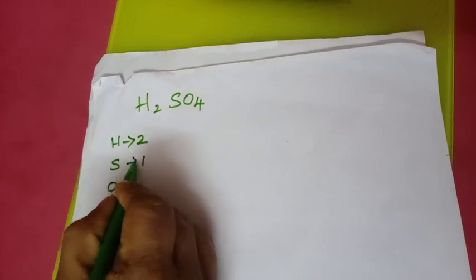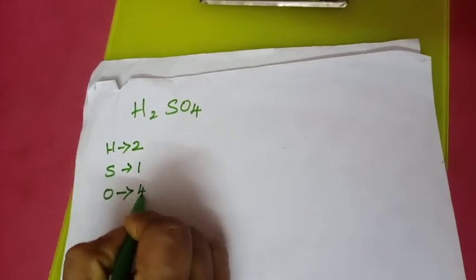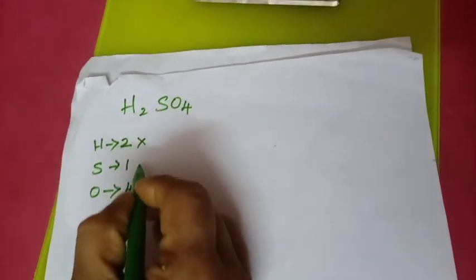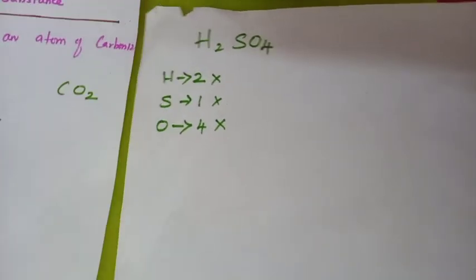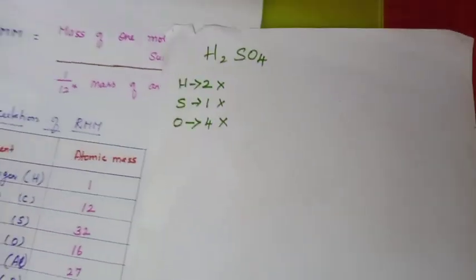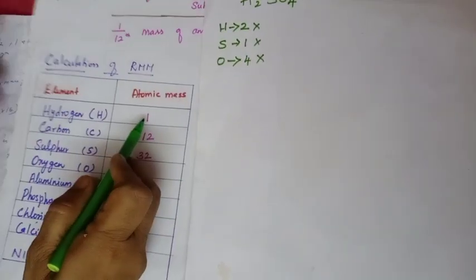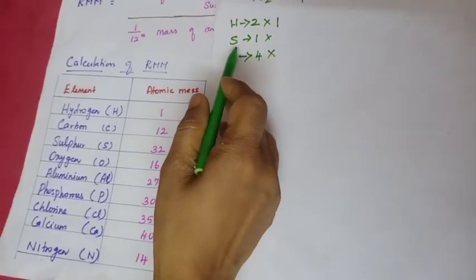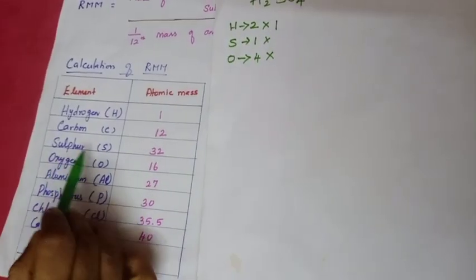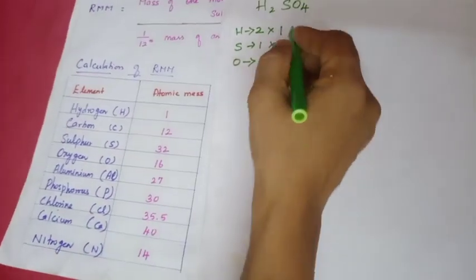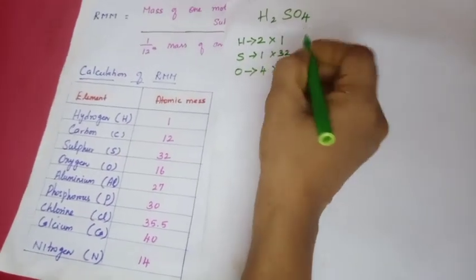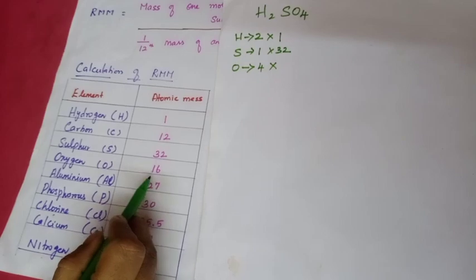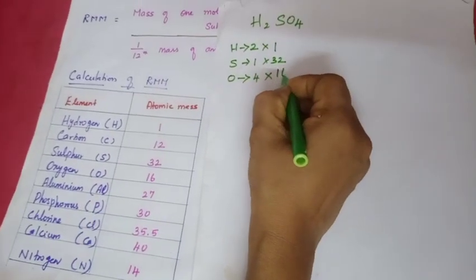Oxygen 4. So you have to multiply by the atomic masses which we are seeing there. Now you see hydrogen, the atomic mass is 1. So 2 into 1. And then next is sulfur. Sulfur, the atomic mass is 32. And then oxygen, the atomic mass is 16.